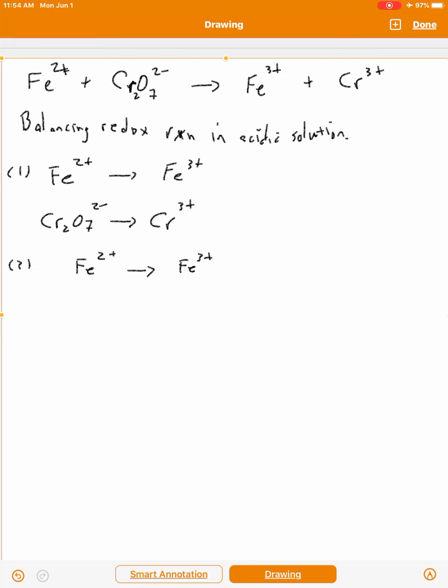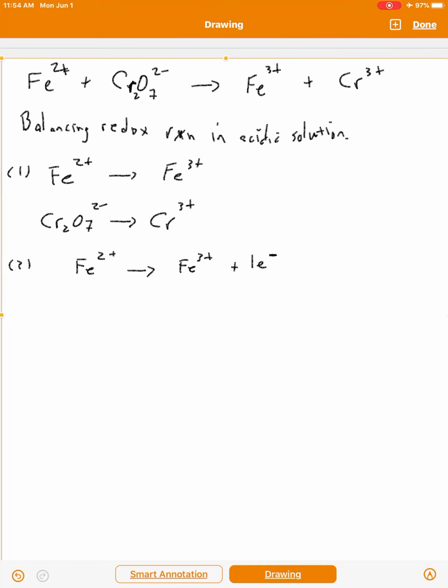The number of atoms is balanced. Next, I'm going to balance charge. And the way I'm going to balance charge is by adding negatively charged electrons, right? Electrons are negatively charged. And I'm going to put them on the side that's more positive to balance the charge. So if you take +3 and -1, that's +2, which is the same as we have on the reactant side. So now we've balanced charge.